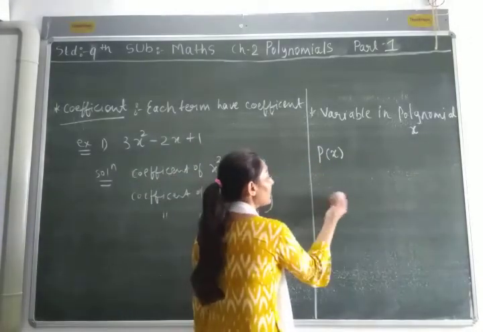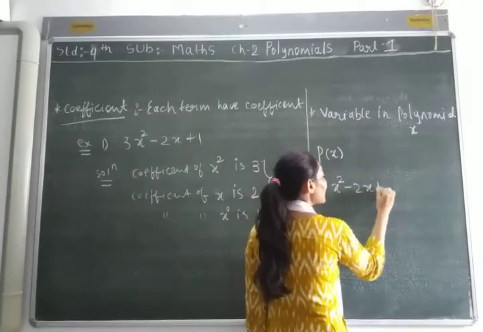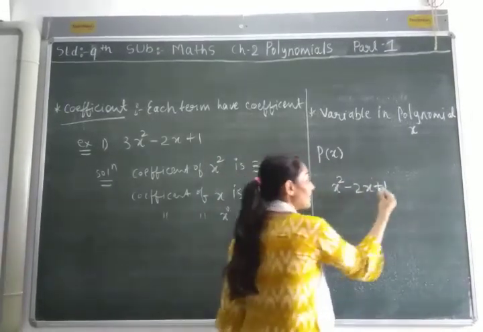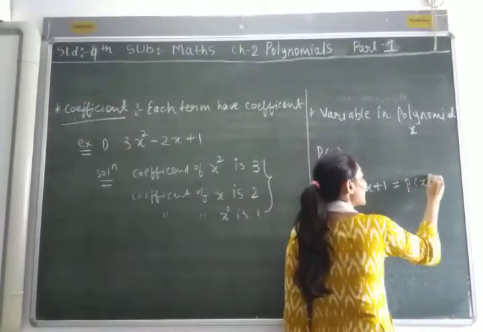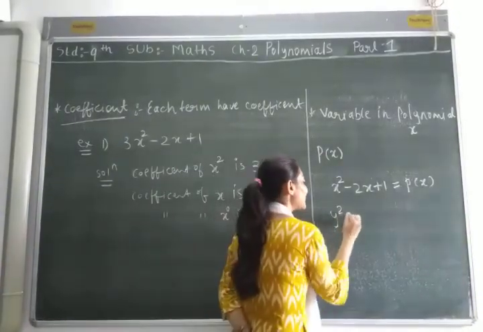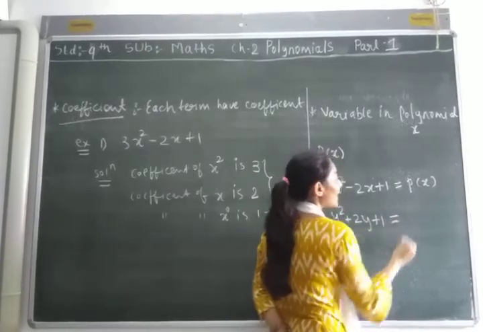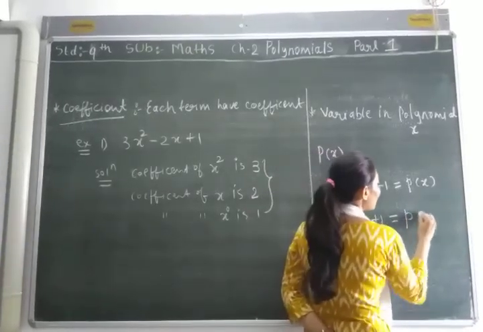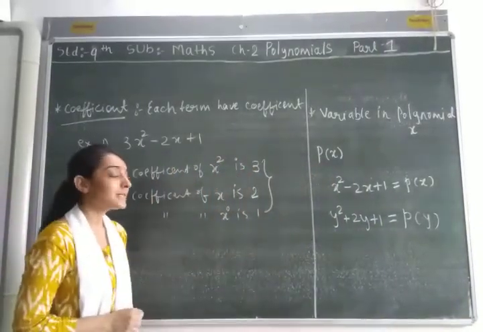For example, say x square minus 2x plus 1. So this one contains my variable x, so we can write p of x. If it is y square plus 2y plus 1, then the variable in the polynomial is y.